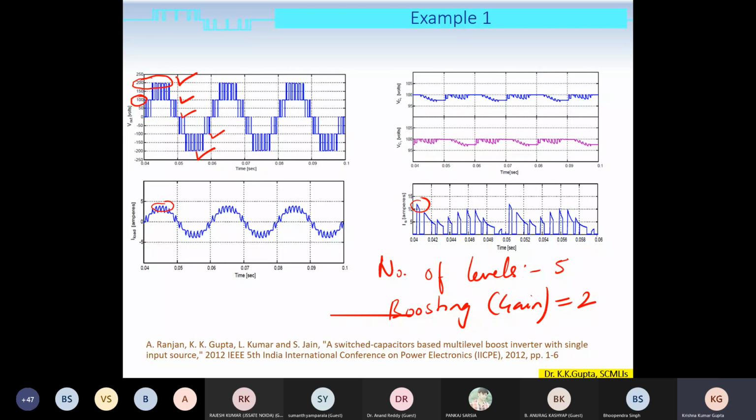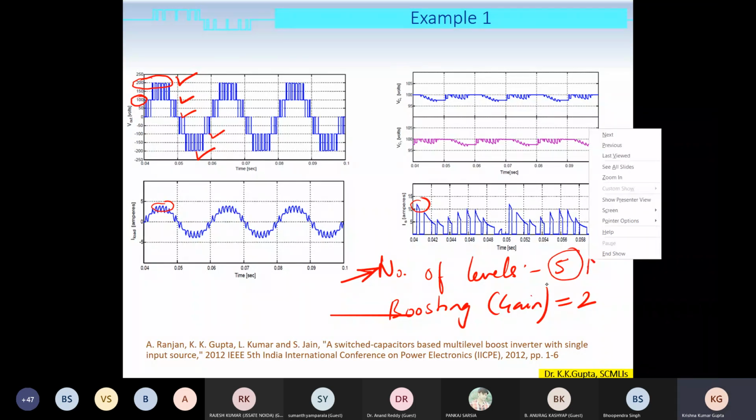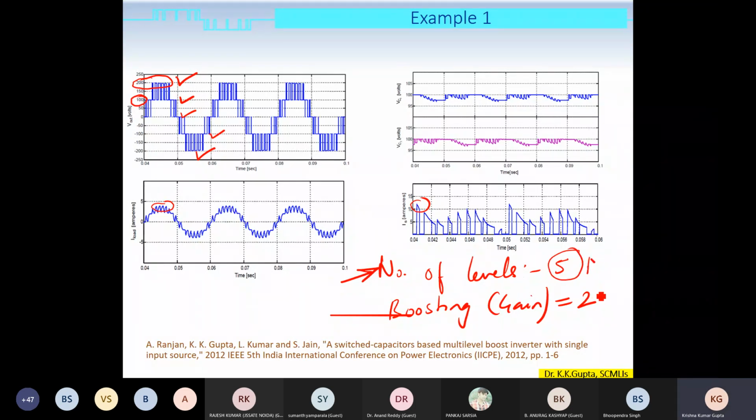Right, we are increasing the voltage by a factor of 2 here. I'll take two approaches. I'll give an example of a topology where the number of levels is drastically increased, and some examples where the boosting factor is also drastically increased. So we'll see the advantages and also the disadvantages of both approaches.